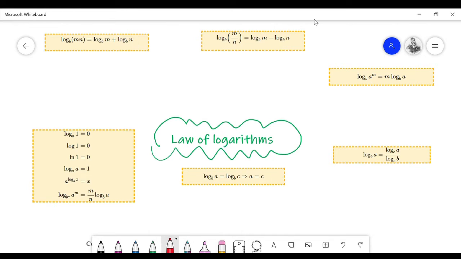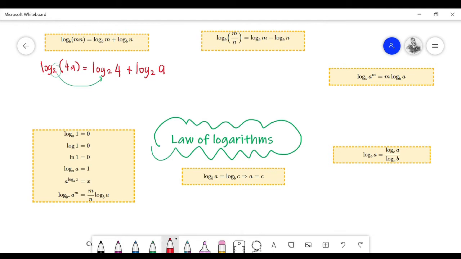For example, you have log base 2 of the product 4a. Now you can expand this to be log base 2 of 4 plus log base 2 of a. It must be the same base here. We expand this logarithm.